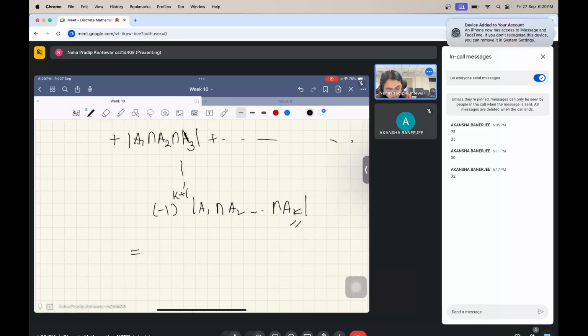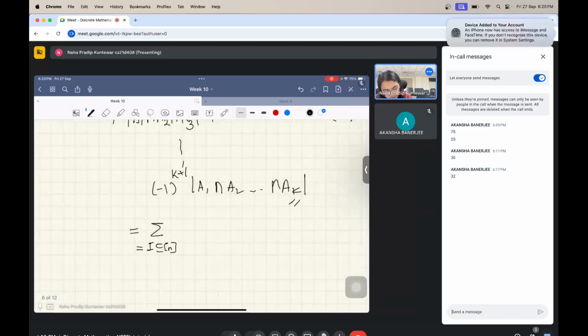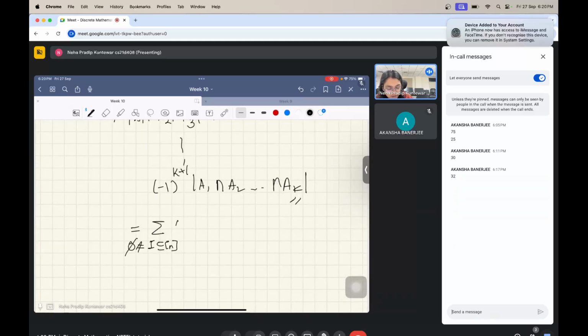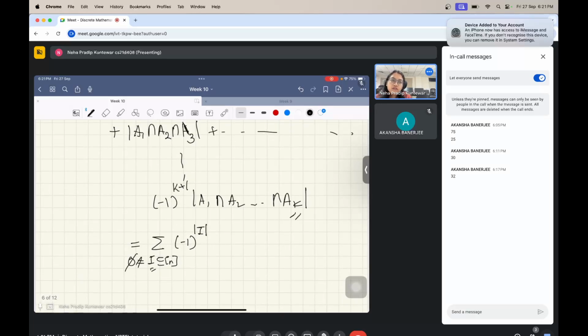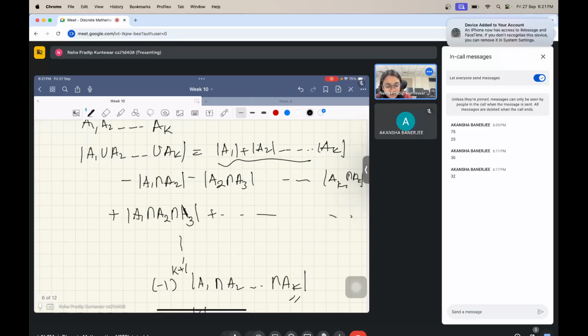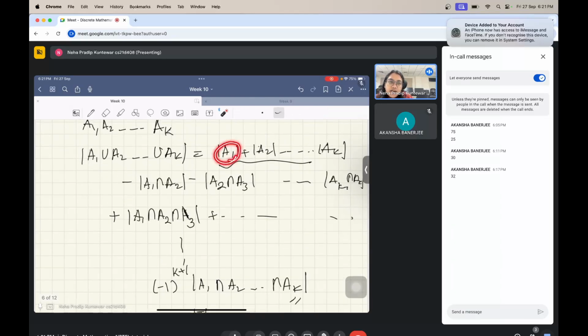If I want to write this whole thing in a succinct form, you can write this as the summation over I a subset of [n], I not empty. What this I tells you is that I is a subset of [n]. For example, here I is just one element, which is 1.